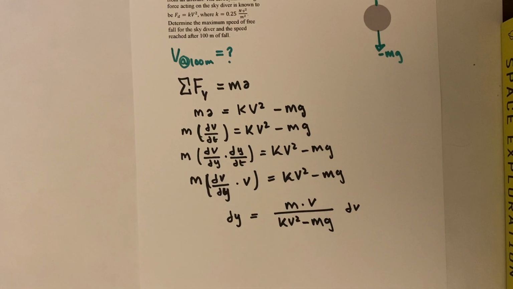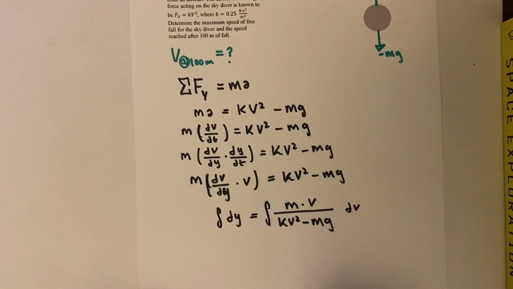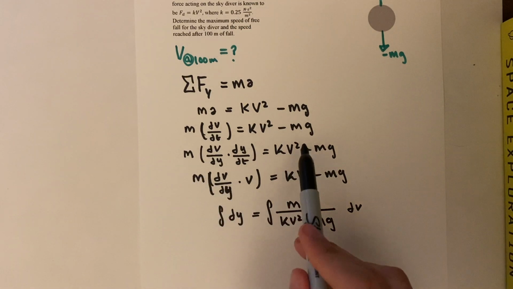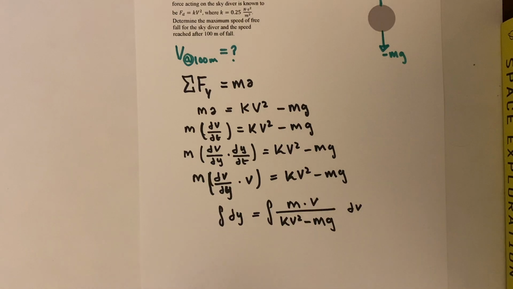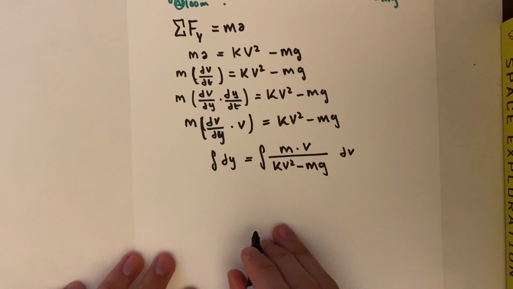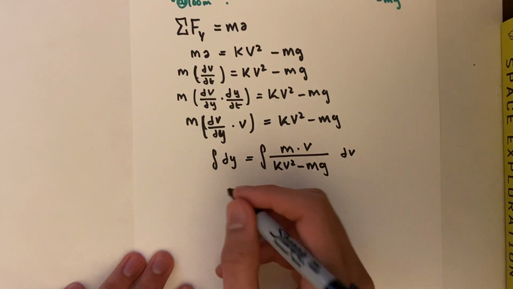Okay, so now we're going to add an integral to both sides, and we're going to try to integrate this to get an expression that reflects position in it, because all we're trying to do here is add y to this equation, which is a position variable, because we can't put the 100 meters in any term over here, so we're going to have to do some differential equations here, right?